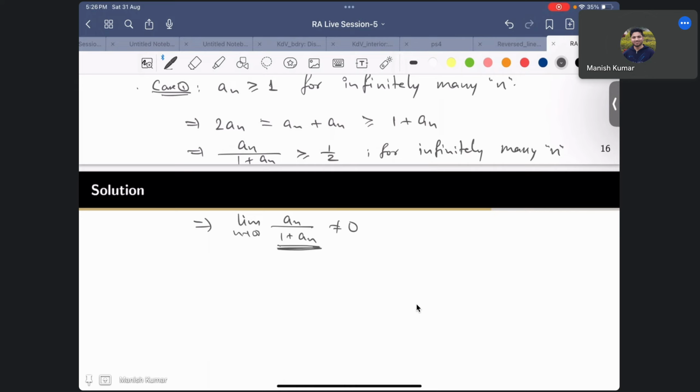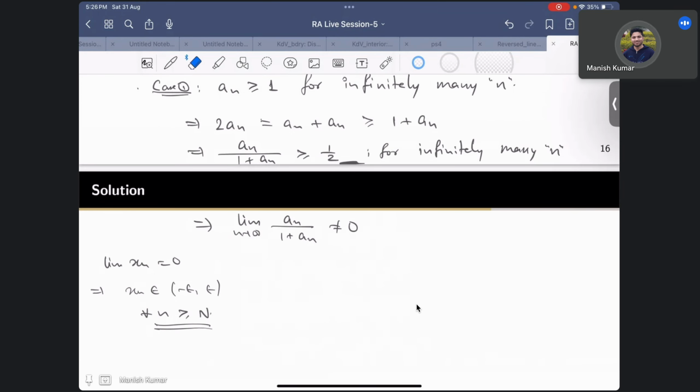What do we mean when we say that the limit of some xn is 0? This means that xn belongs to the (minus epsilon, epsilon) neighborhood for all n greater than or equal to capital N. But since I know that this is greater than half for infinitely many n's, the limit cannot be 0. Correct? So this is one way of arguing.